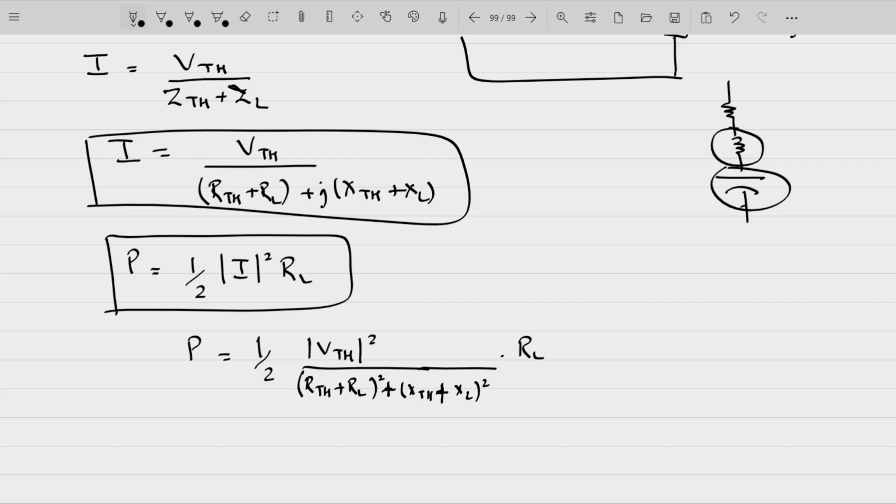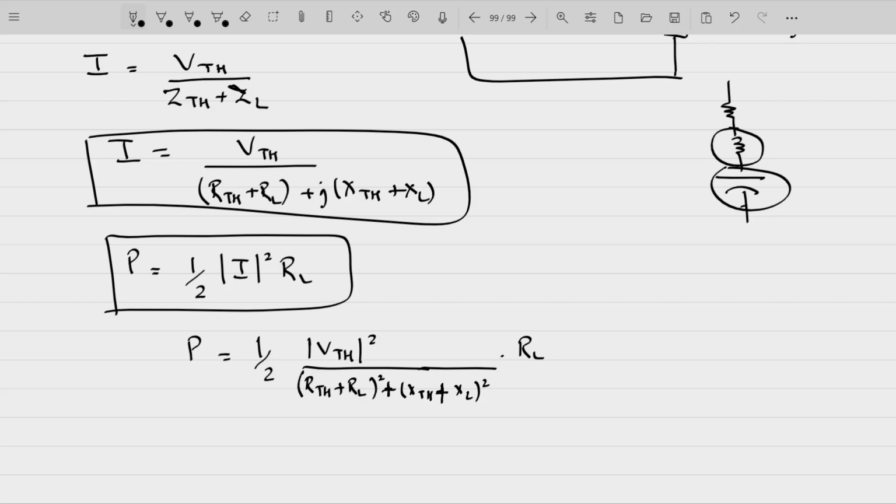So once we substitute for I here, VTH divided by RTH plus RL plus j times XTH plus XL, the modulus squared will be equal to RTH plus RL squared plus XTH plus XL squared.